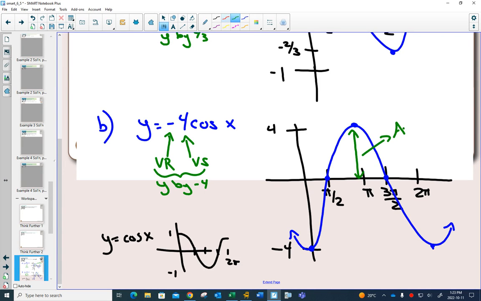What's our amplitude? So even though there's a negative outside in front of this equation, we always talk about amplitude with a positive number.